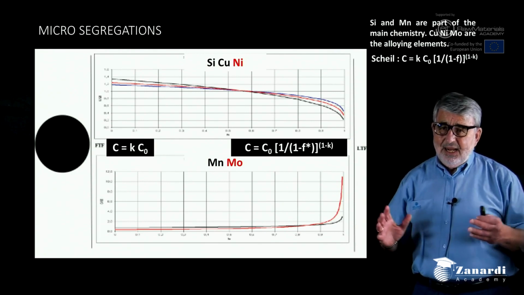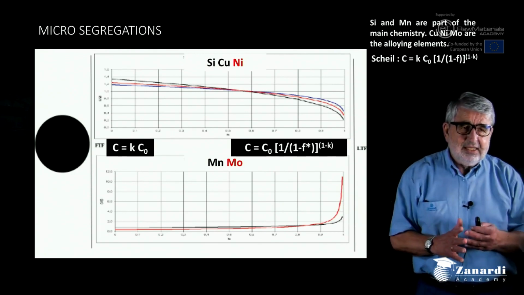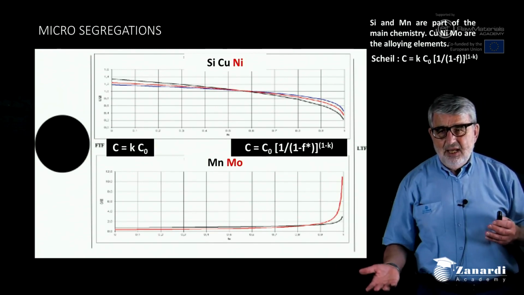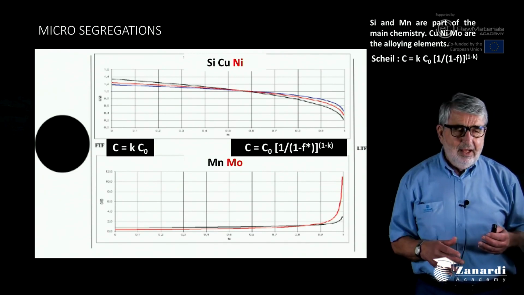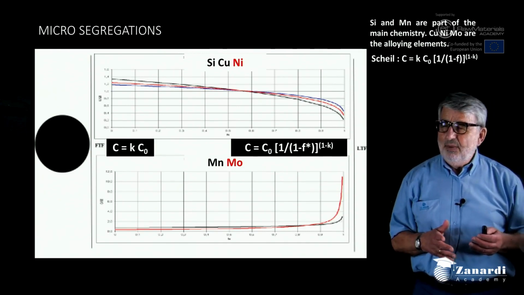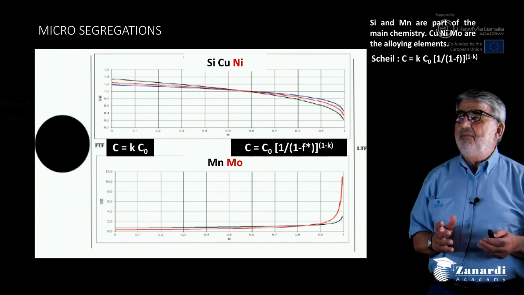And when increasing the casting thickness, the distance between two spheroids is increasing, this ratio is getting bigger for some elements or lower for the other element.